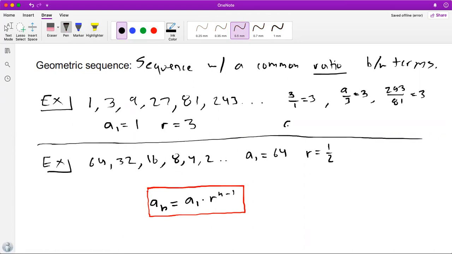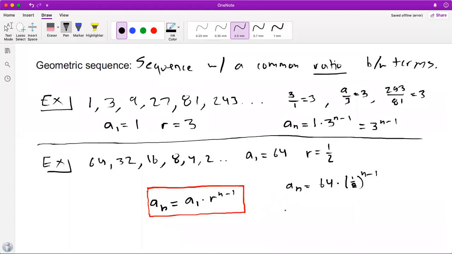You could say A_n is A_1, which in this case was 1, times the ratio 3 to the n minus 1, which is really just 3 to the n minus 1, because 1 times anything is just the thing itself. And similarly down here, A sub n is 64 times 1/2 to the n minus 1.